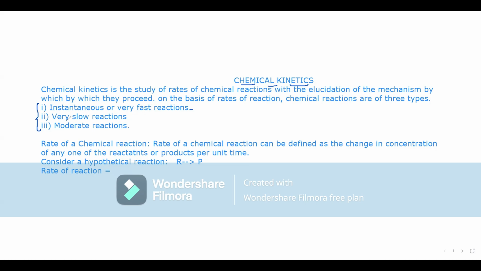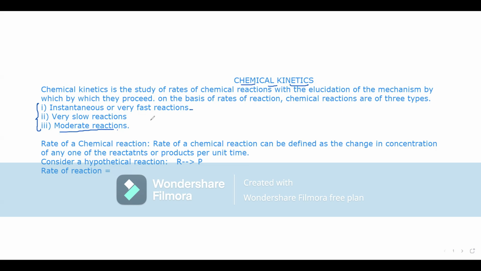Then we have very slow reactions also. Rusting of iron, right? Rusting of iron takes days together or months together to complete. Most of our reactions are moderately paced reactions. Speed of the reaction is not very fast and it is not very slow also.